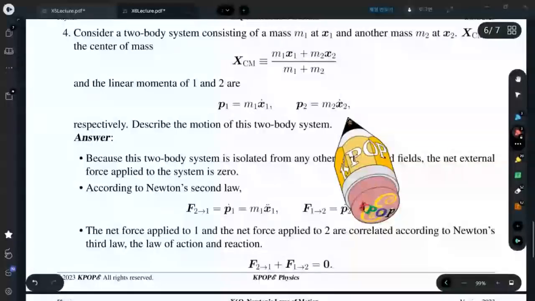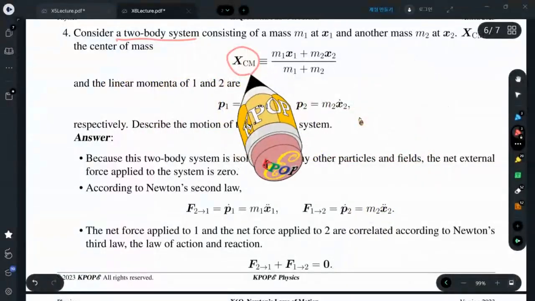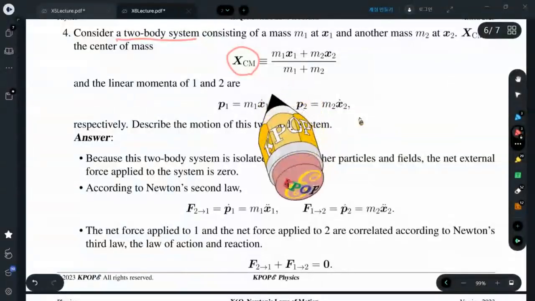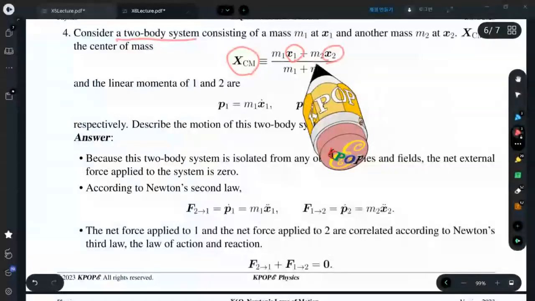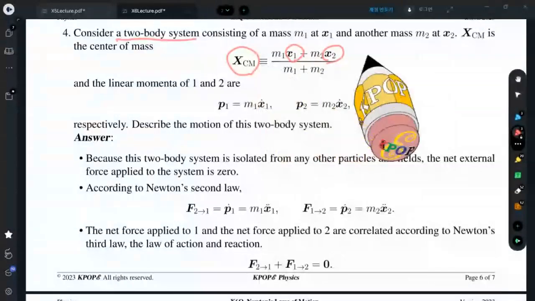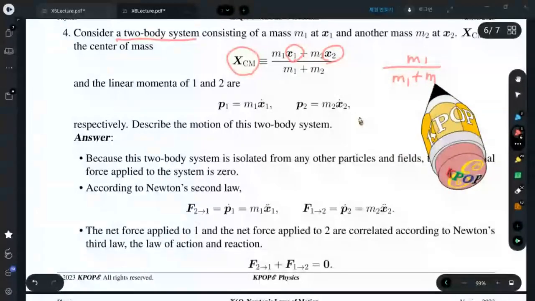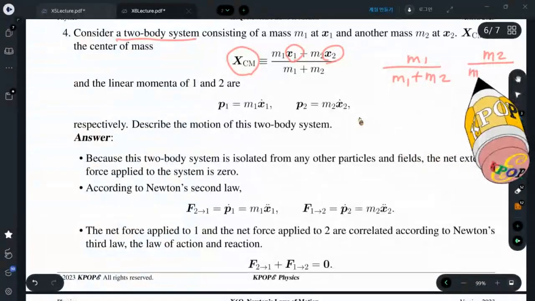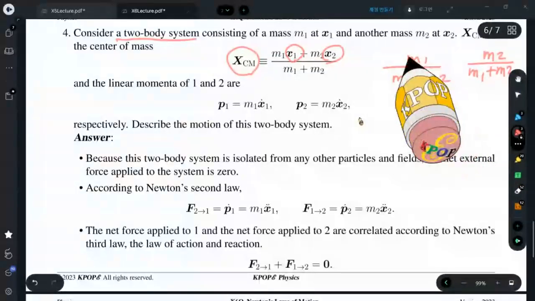Next, we consider the two-body system. Center of mass is defined by the weighted average of two position vectors using the weighting factor coming from the relative importance of the mass of each particle.